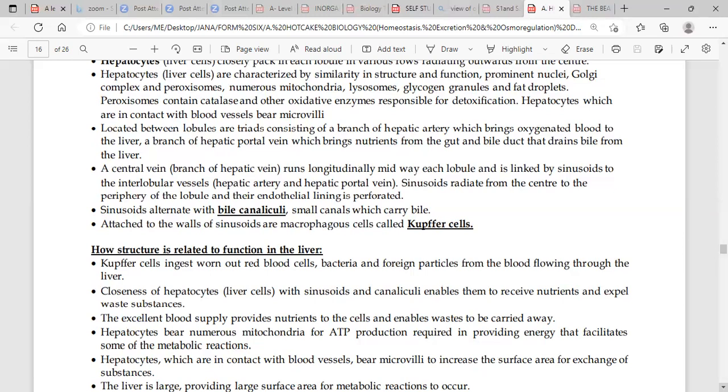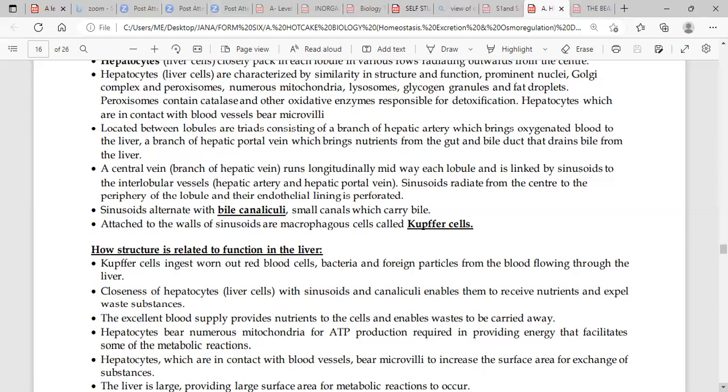Another adaptation is the excellent blood supply, which provides nutrients to the cells and enables wastes to be carried away. So it has great significance to possess an excellent blood supply, numerous blood capillaries, the ones that supply nutrients to the cells and the ones that transport waste products away from the liver.